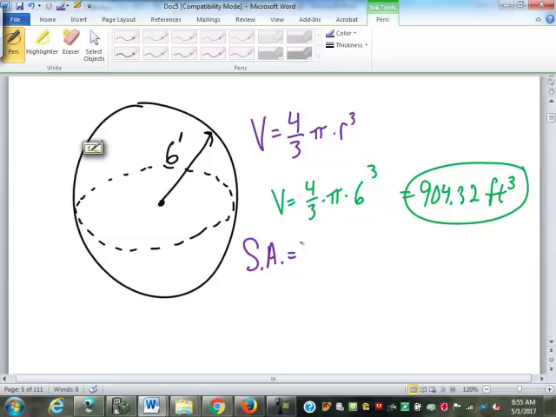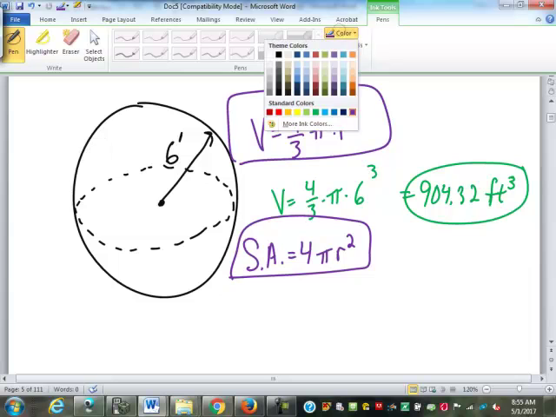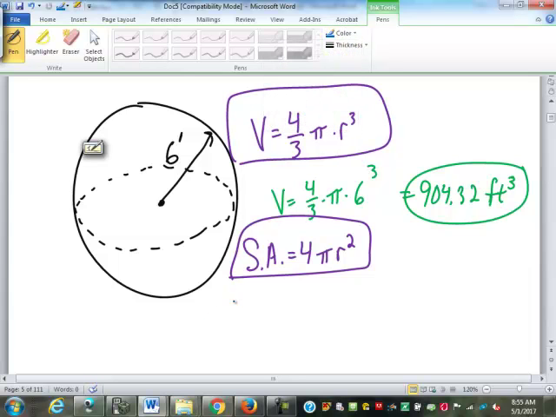Surface area is 4 times pi times radius squared. So those are two formulas you're just going to have written down somewhere. So the surface area of this shape is 4 times pi times 6 squared.